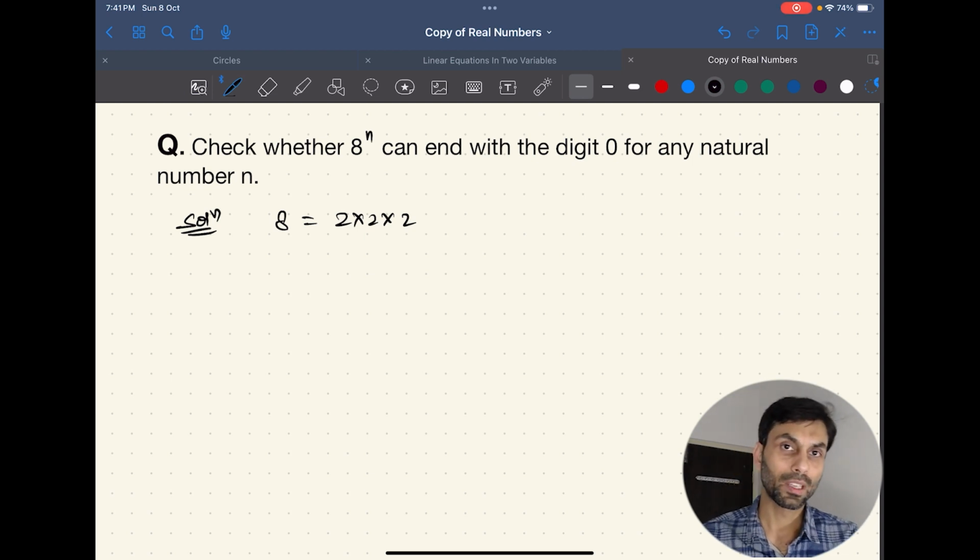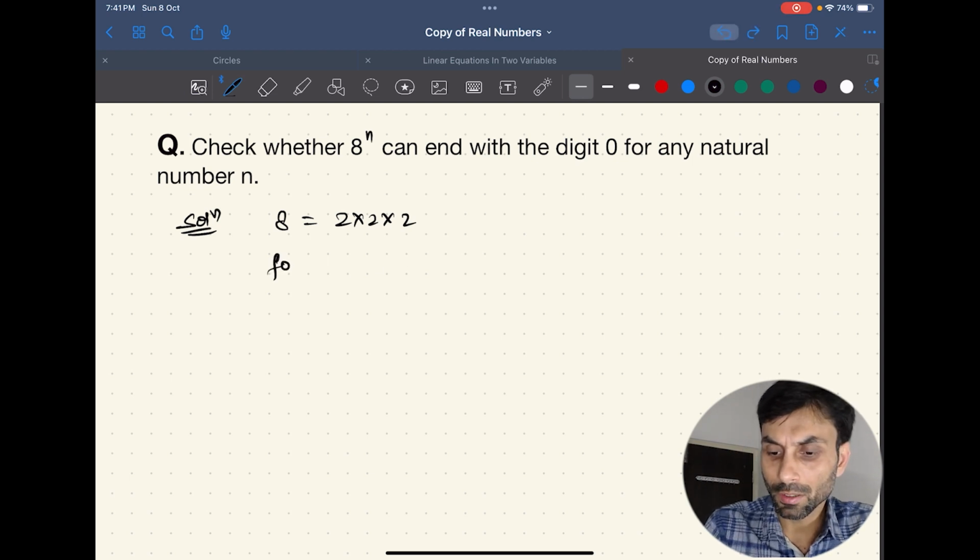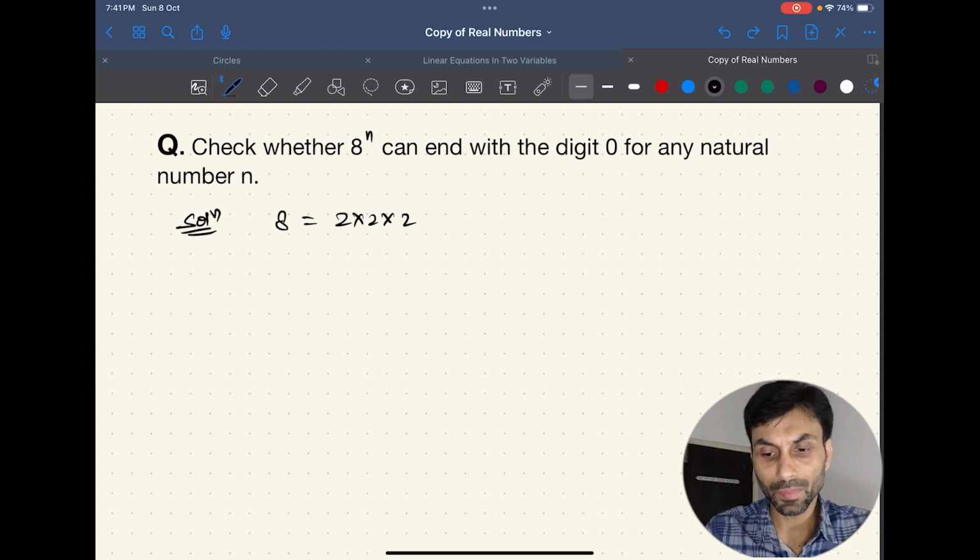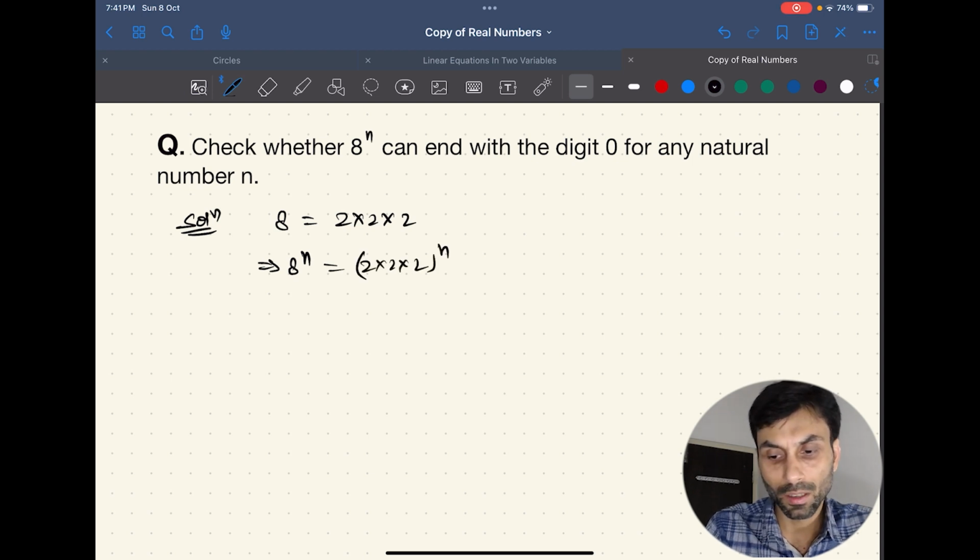And we know that if a number has to end with 0, then both 2 and 5 should be prime factors of it. So if 8 is equal to 2 into 2 into 2, then 8 raised to n will be (2 into 2 into 2) raised to n.